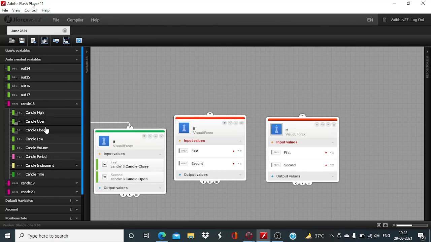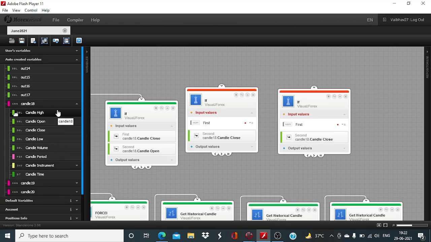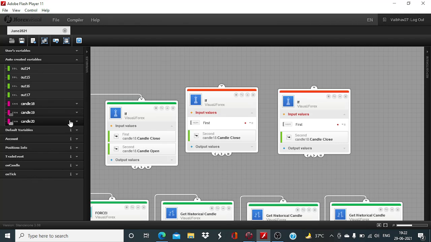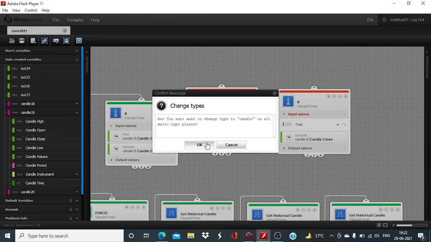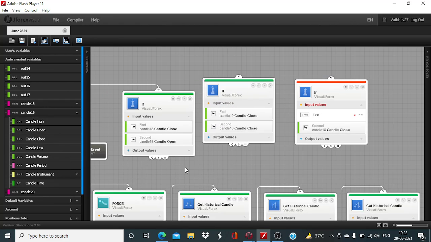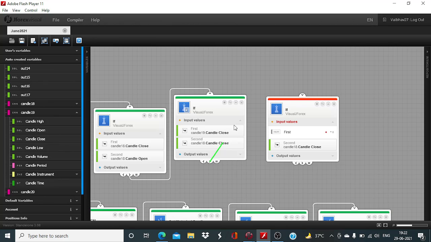Candle 18 candle close will be the common input, and candle 19 candle close, candle 18 candle close, first input greater than second input, then again first input greater than second input.